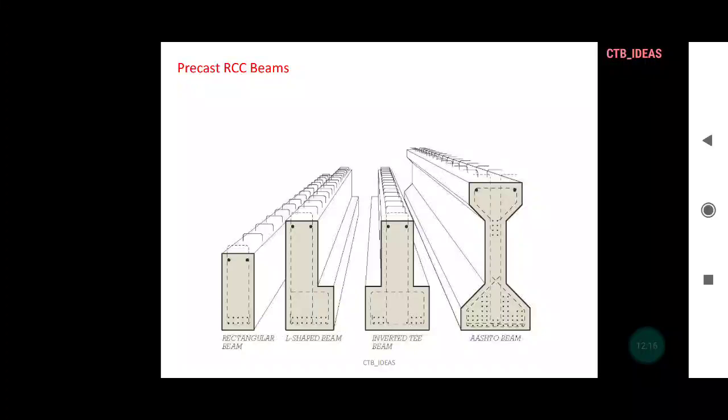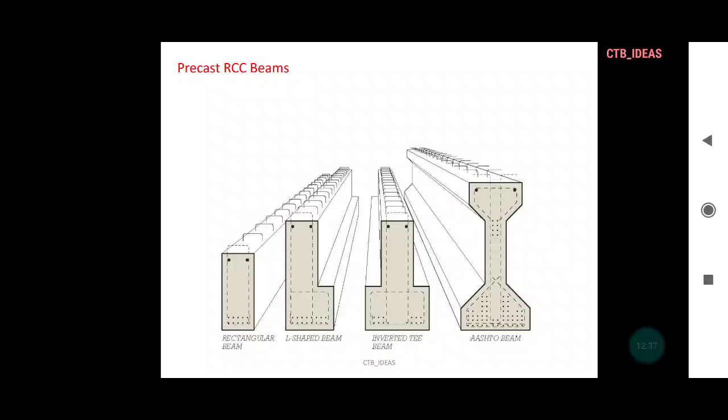Then you have precast RCC beams. You have these various types. First one is rectangular beam, then you have L-shaped beam, inverted T-beam and I-section, I-shaped beam or Ostro beam.